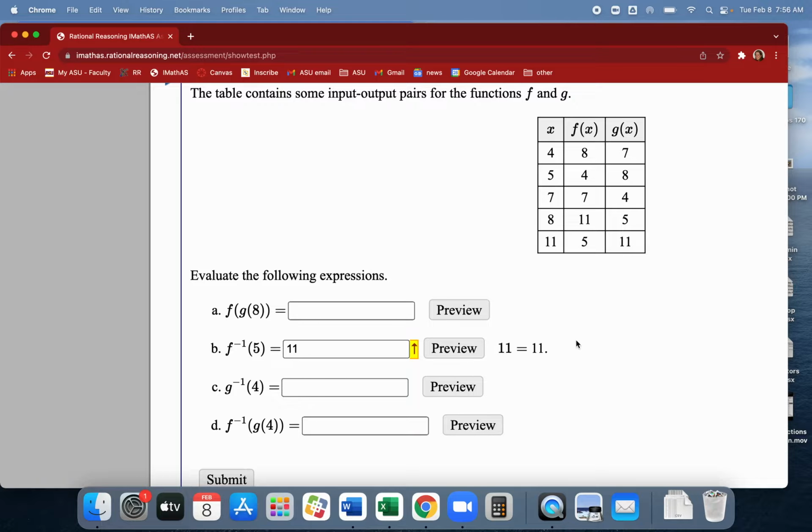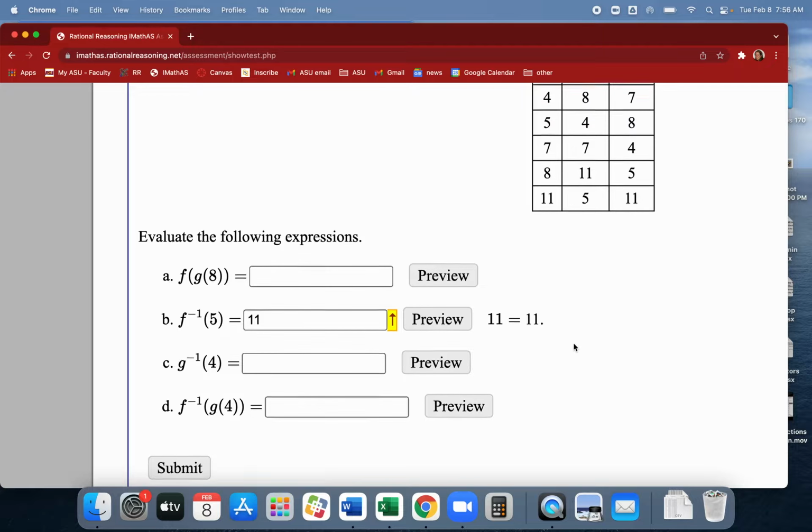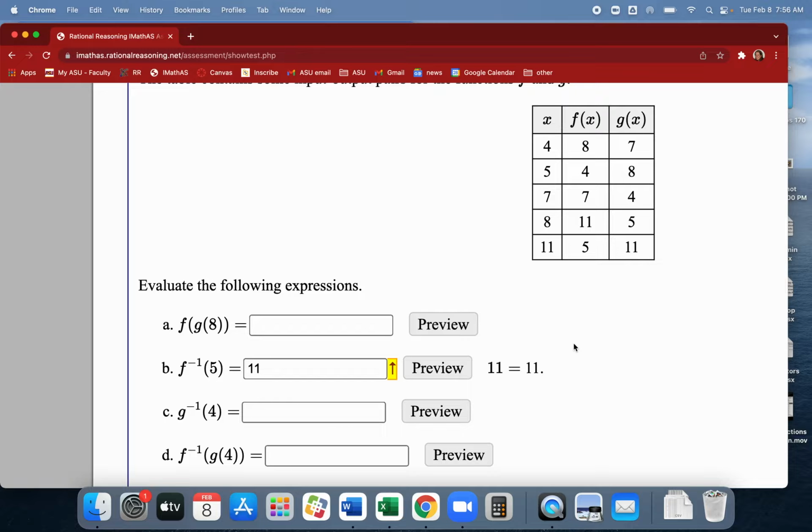There we go. So see what you can do with C and D. C on my version is asking for G inverse of 4, and D is F inverse of G of 4.